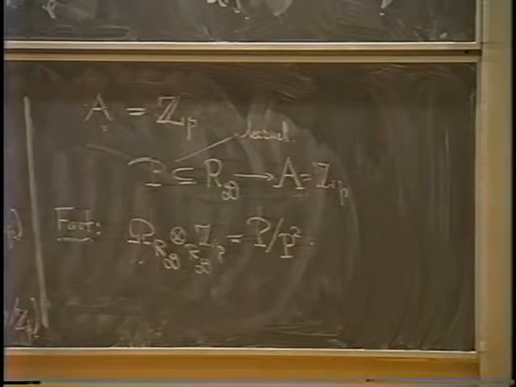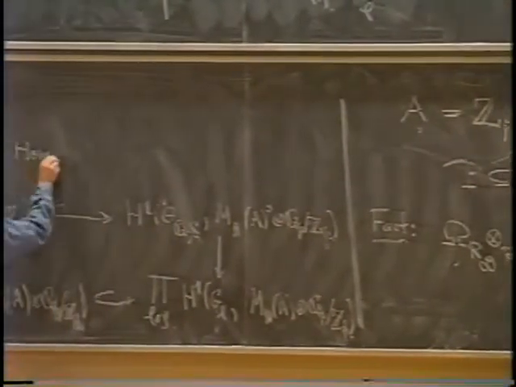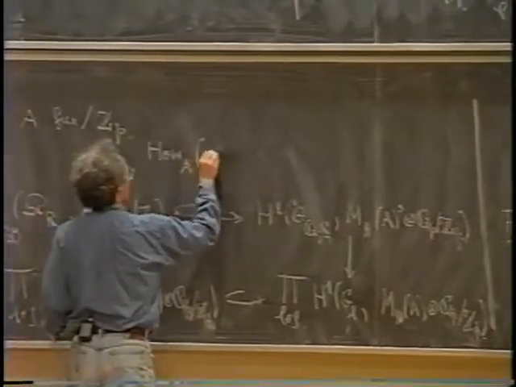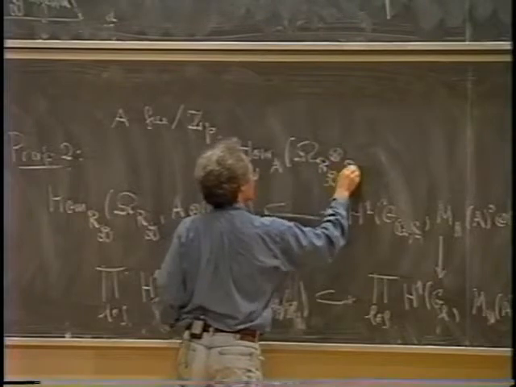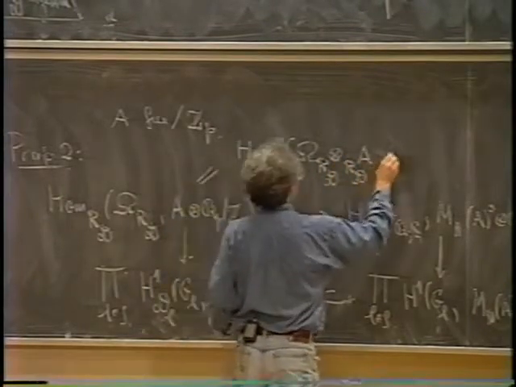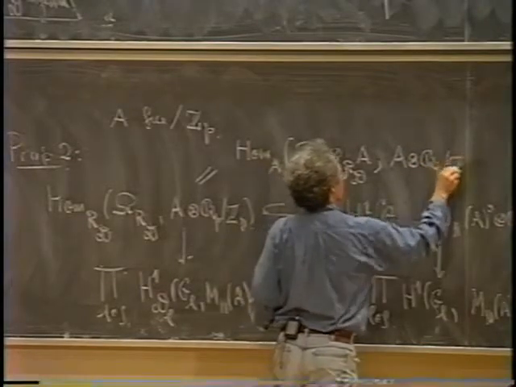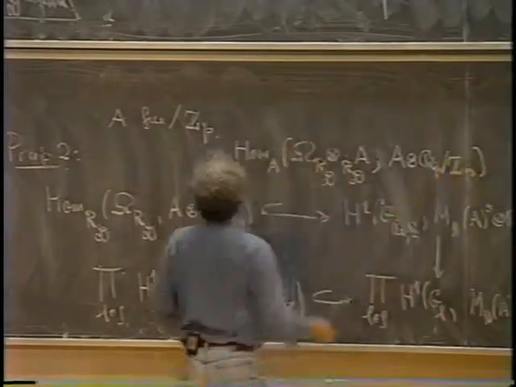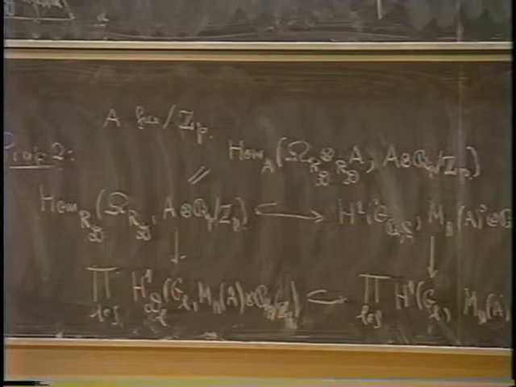And if I make use of the fact that this can also be thought of as Hom over A of Ω_{R_D} tensored over R_D with A into A tensor Q_p/Z_p, then I have a third form of the proposition, which perhaps I will spend a minute writing.